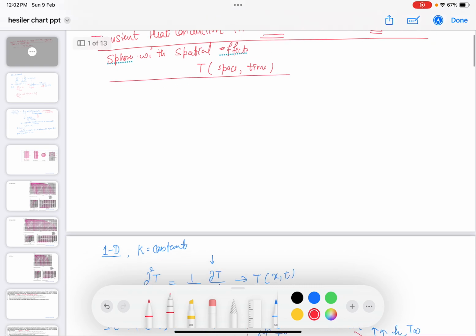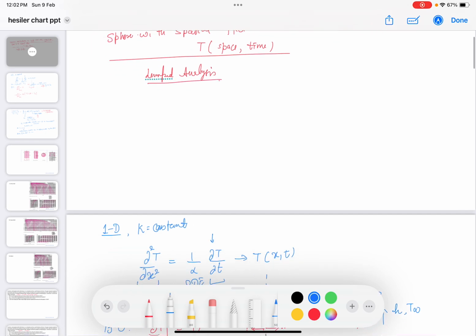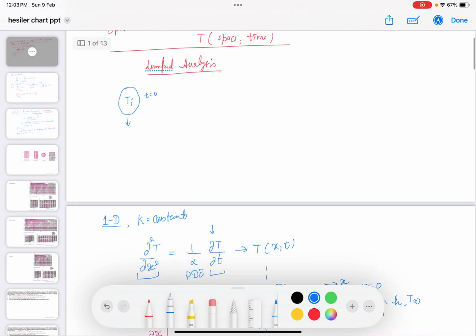So again, to recapitulate, the previous lumped analysis is valid when a body is at a uniform temperature at different times. Let's say it is initially, at time t equal to 0, at a temperature Ti, and at some particular time t1 it has some temperature T1, and like that when it is exposed to the surrounding ambient.